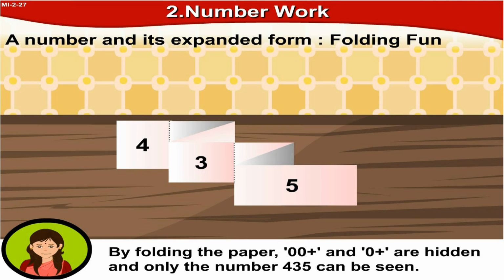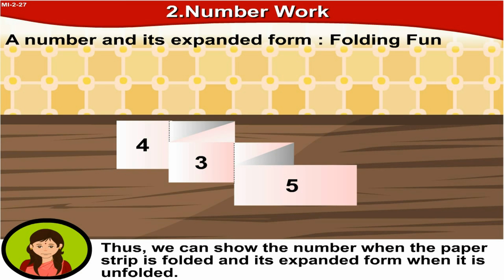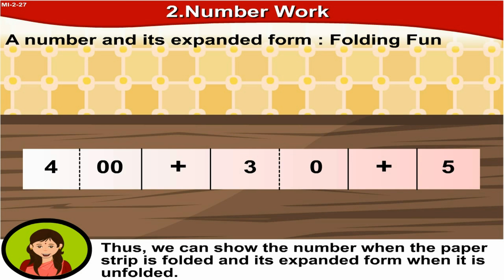By folding the paper, the 00 plus and 0 plus are hidden, and only the number 435 can be seen. Thus, we can show the number when the paper strip is folded and its expanded form when it is unfolded. Isn't it fun? Alright.